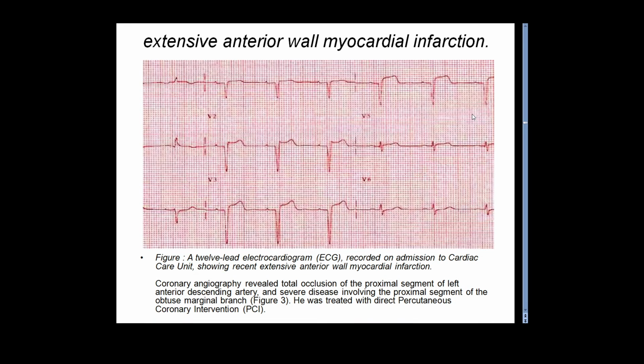Coronary angiography in this case revealed total occlusion of the proximal segment of the left anterior descending artery and severe disease involving the proximal segment of the obtuse marginal branch. He was treated with direct percutaneous coronary intervention.